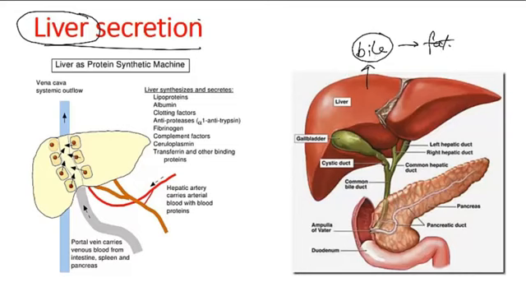The bile backs up into the gallbladder, so it's secreted by the liver, and through this duct it goes to the gallbladder through the cystic duct. Finally the common hepatic duct and cystic duct tie together to form the common bile duct that will ultimately release all those components into the duodenum.